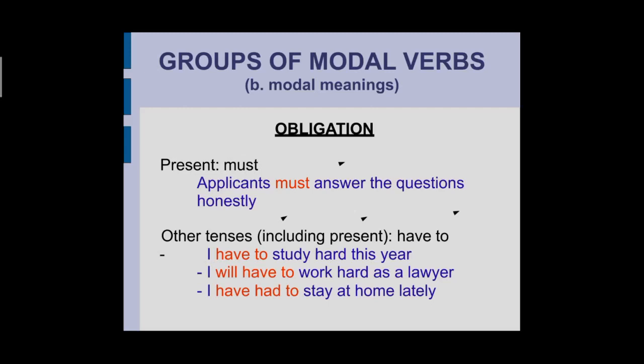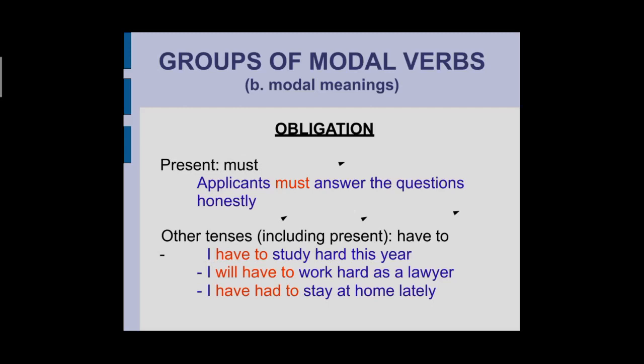Other tenses including present when you are using have to. I have to study hard this year. I will have to work hard as a lawyer. I have had to stay at home lately. So I have to study hard this year. वो एक ऑब्लिगेशन है, वो आपको करना ही है, क्योंकि अगर आपको पास होना है then it is very important that you have to study.